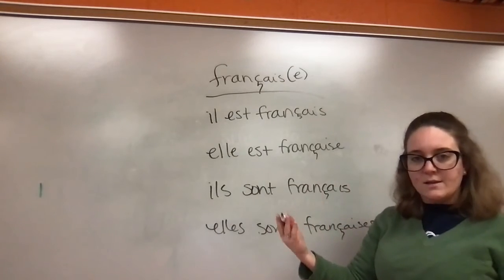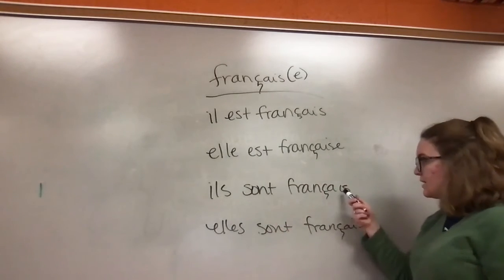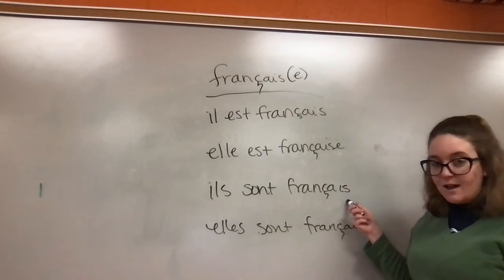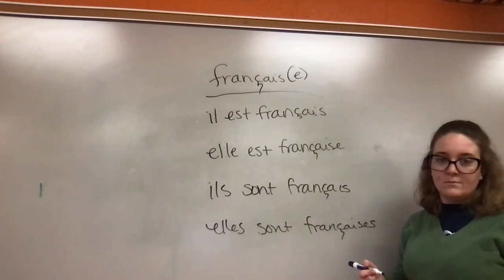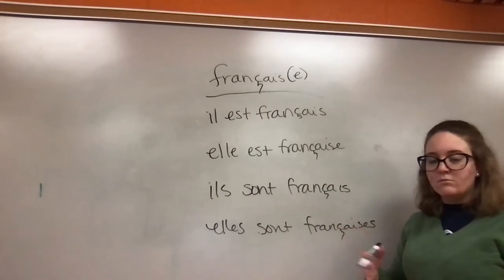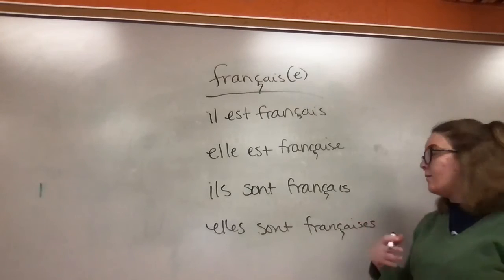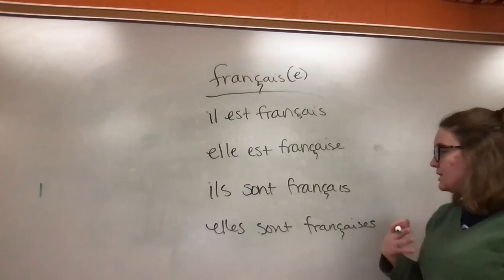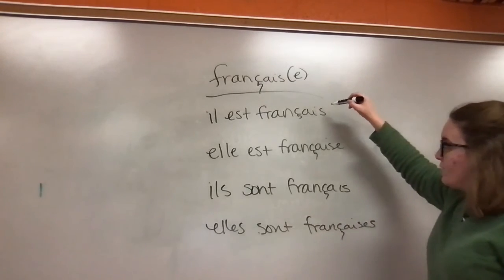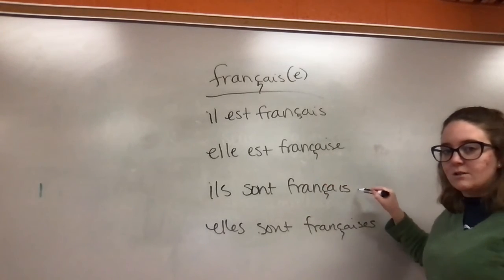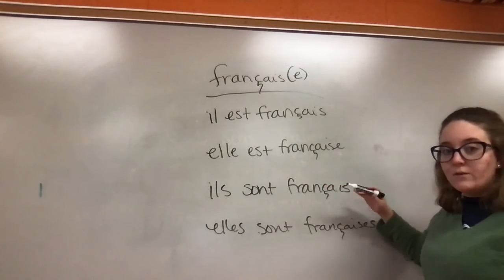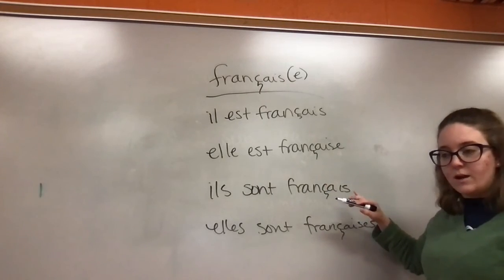We add an extra S. The problem with that is that this already ends in an S. So we don't do anything to it and we leave it the same, which might be easier, might be hard to remember for you. I personally think it's a little bit easier, but for the masculine singular, and for the masculine plural, the adjective is going to stay the same, only for these ones that end in S, all right?